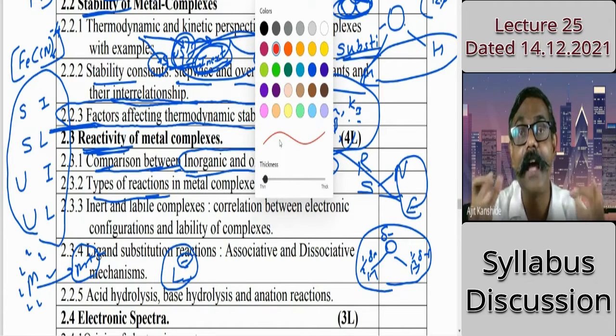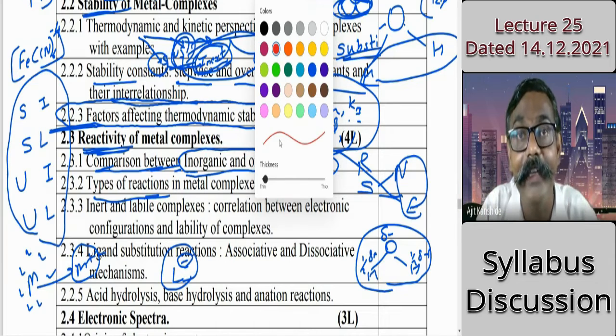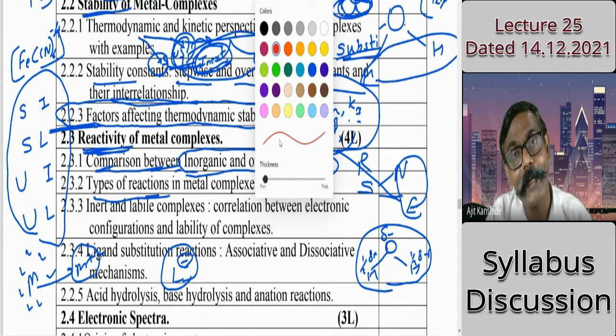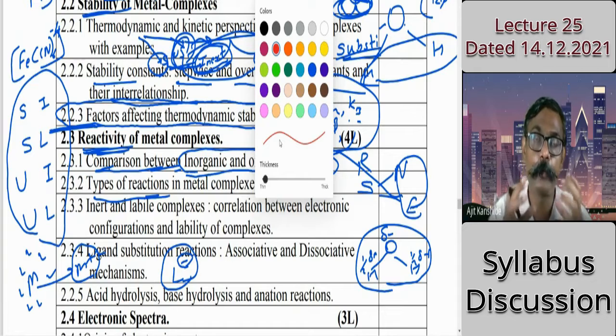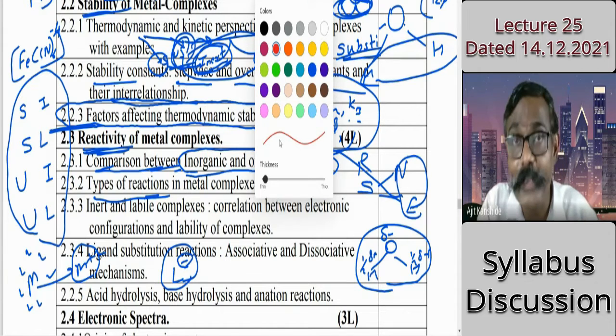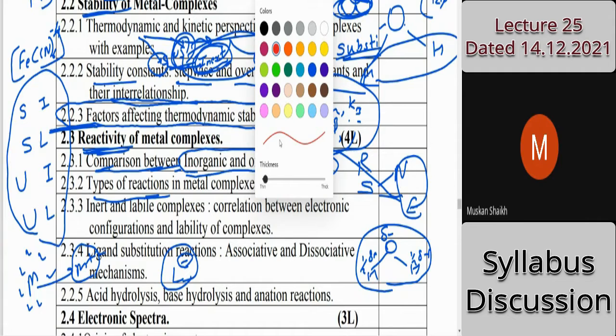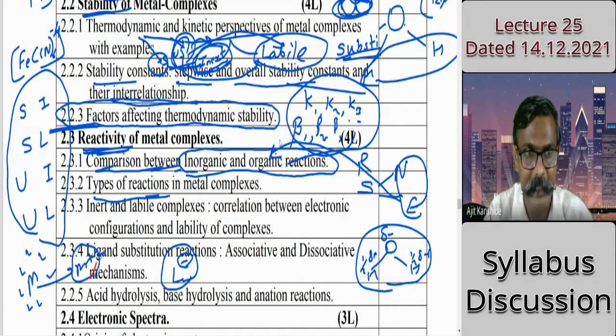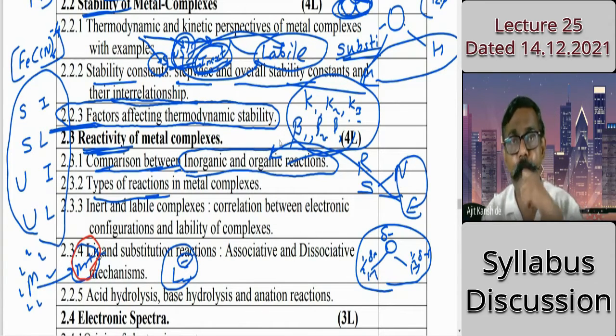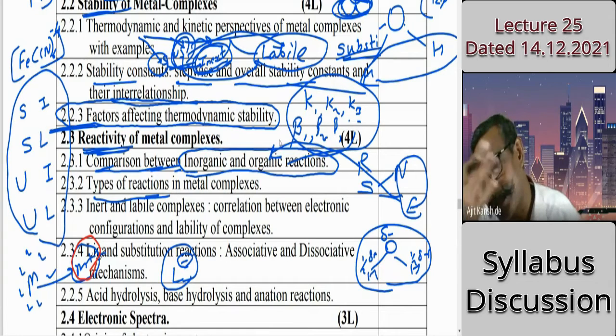Here ligands are nucleophiles. And the metals are positively charged, so positive charge will love negative charge. So positively charged metal ions are nucleophile or electrophile? Electrophile. Right, electrophile.